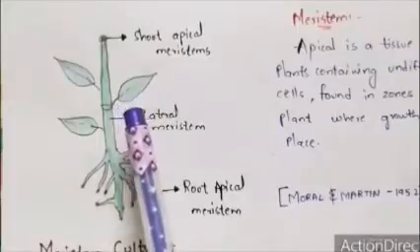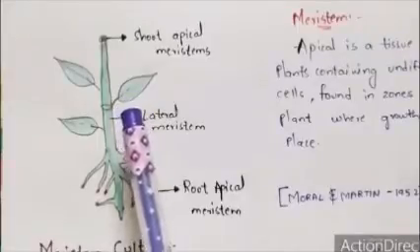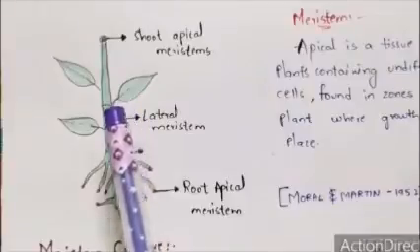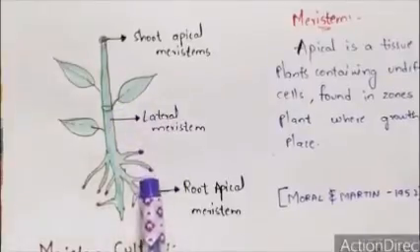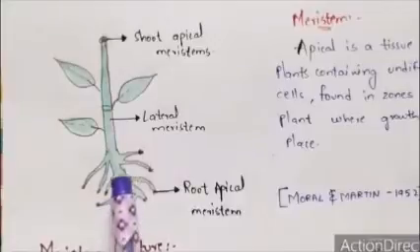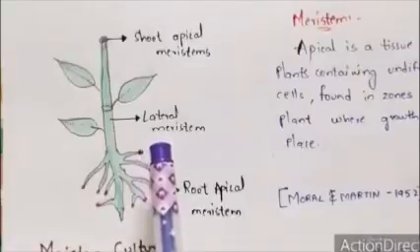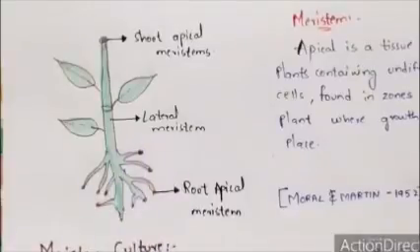Remember one thing, when you do meristematic culture, first only the shoot will be produced and later the root will be produced from the shoot. You can understand this sentence when I explain the diagrammatic representation. So please wait for it. Then you can understand this stage 3.